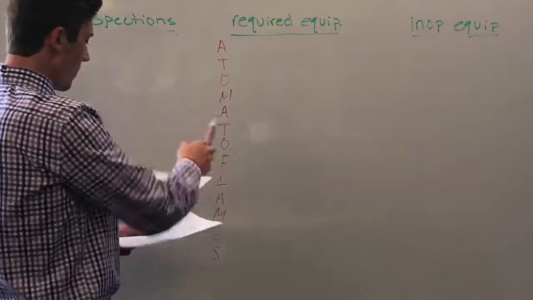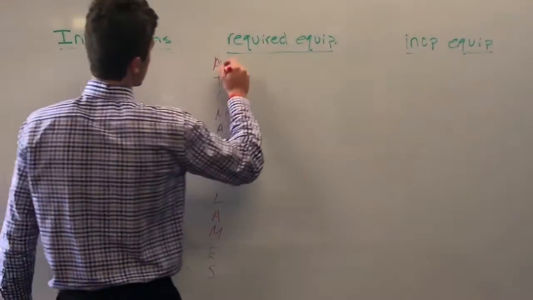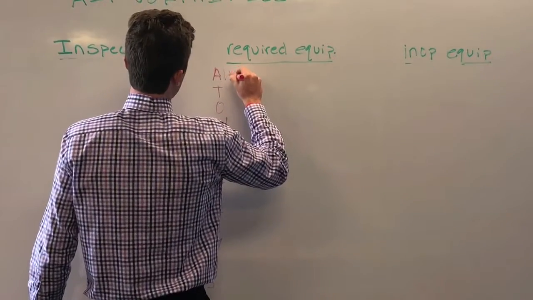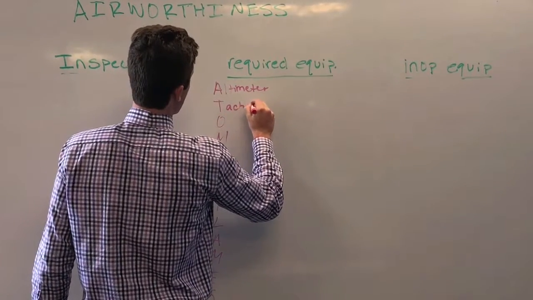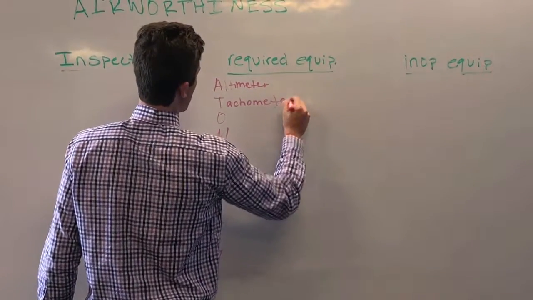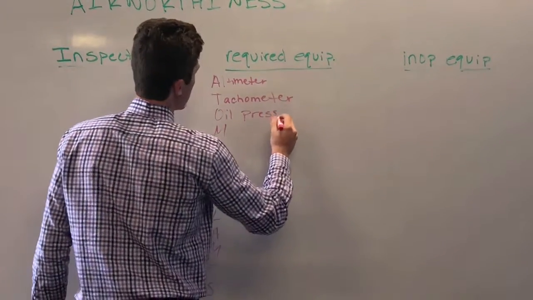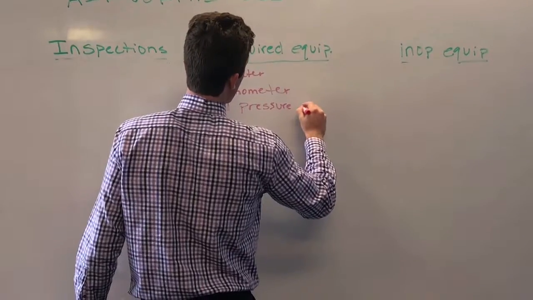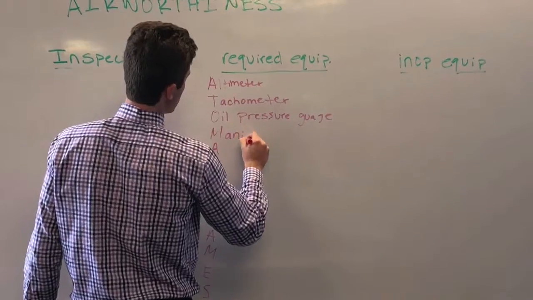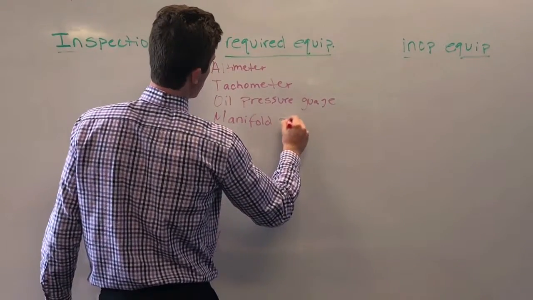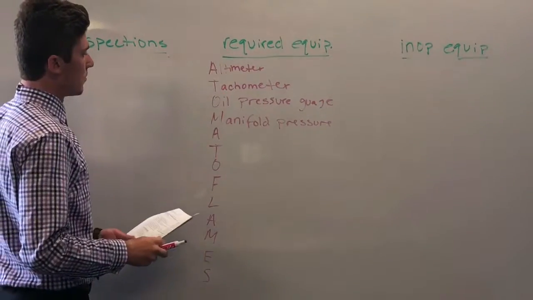So the first thing we need for VFR day flight is an altimeter. We need a tachometer, an oil pressure gauge, a manifold pressure gauge, and an altimeter.